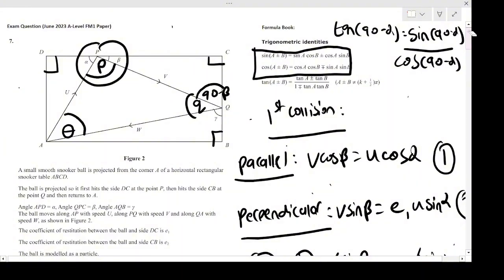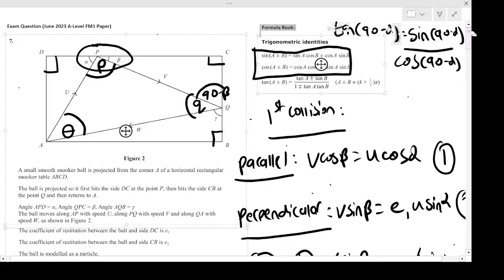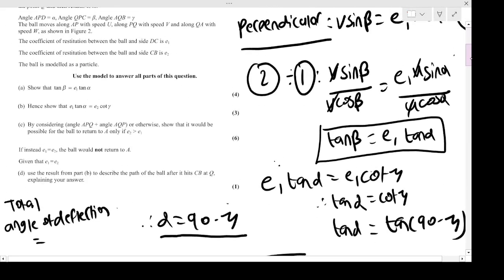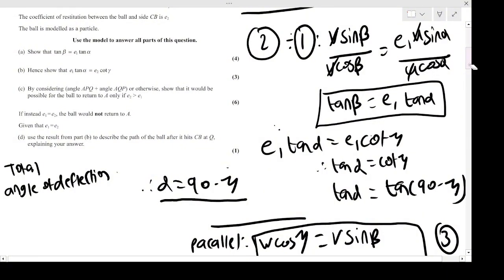Now, I'm not going to go over that in too much detail. I went over that in many examples over the previous two videos. But the angle deflection essentially is going to be the two angles added together, before and after. So for the first collision, it's going to be alpha and beta.